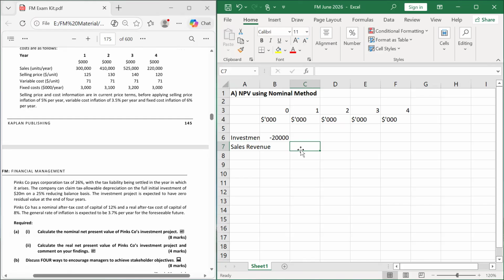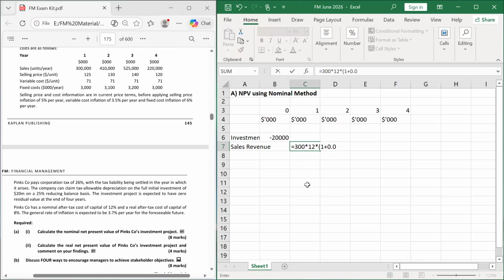So what I will do is equal to my sales units were 300 thousand. Well, it's in triple zero, so I can just write 300 here, times selling price per unit 125, multiply by the formula I told you, 1 plus r power n, where r means the inflation rate, which is 5% for the sales.